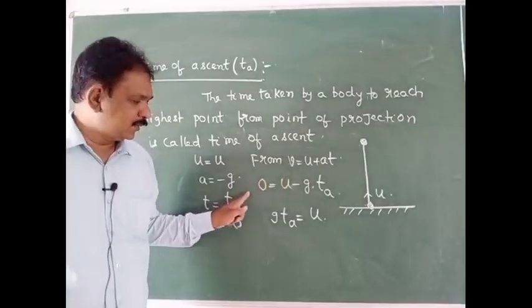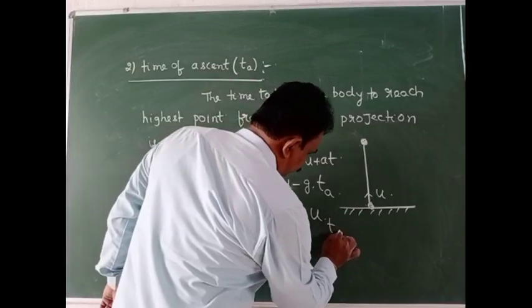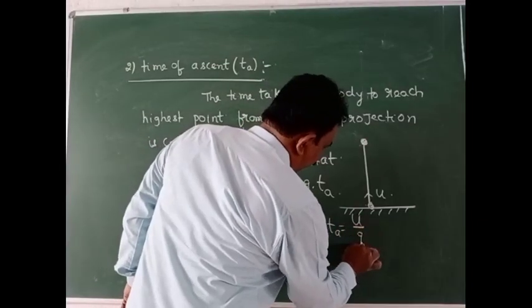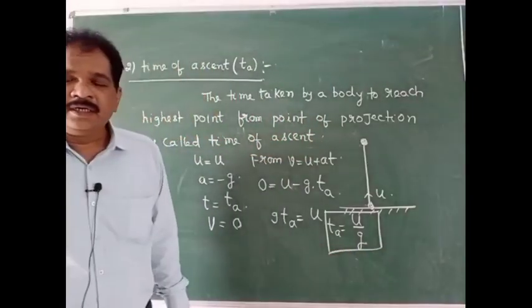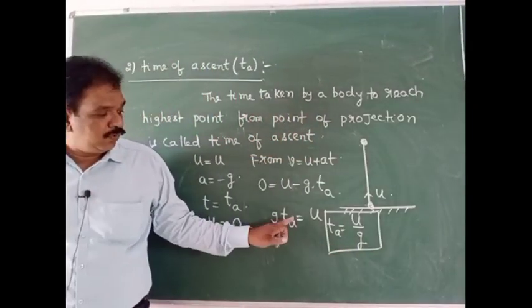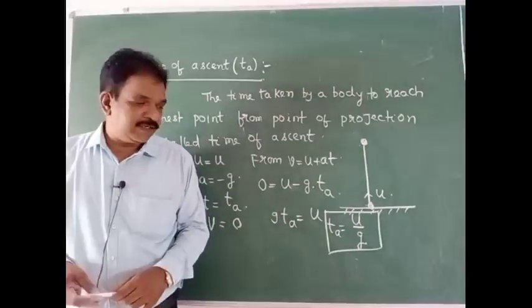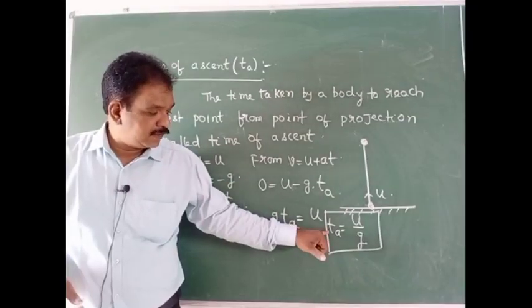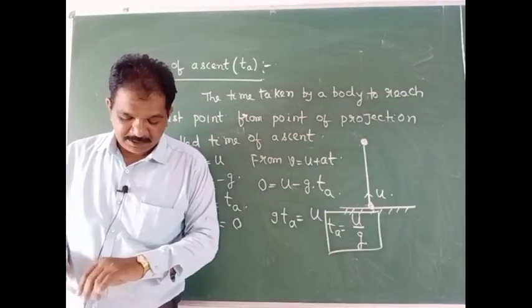Bring this term to this side. From this, TA is equal to how much we got? u by g. TA is equal to u by g. Expression for time of ascent: TA is equal to u by g. Clear understanding? Next.